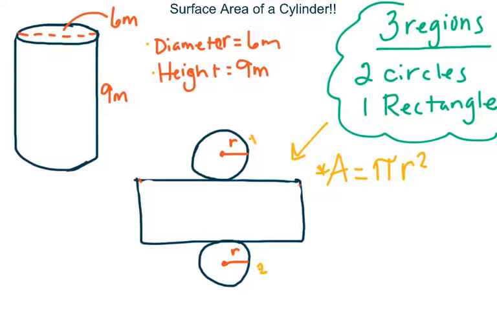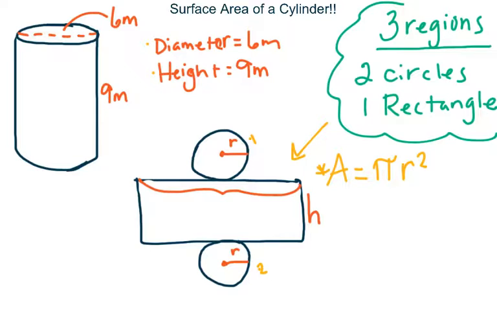But then this whole rectangle is where I really need you guys to focus in. Normally with the area of a rectangle, we do length times width, or length times height. But I want you to understand that yes, we do have the height of the rectangle, but this part right here is actually the circumference, or the distance all the way around those circles.